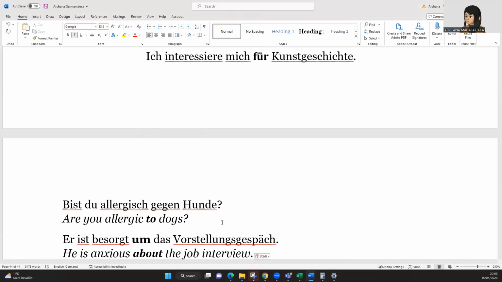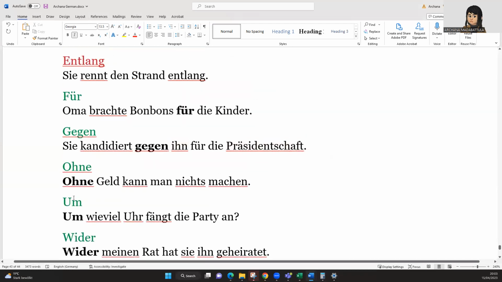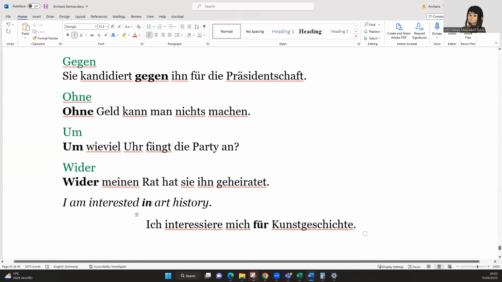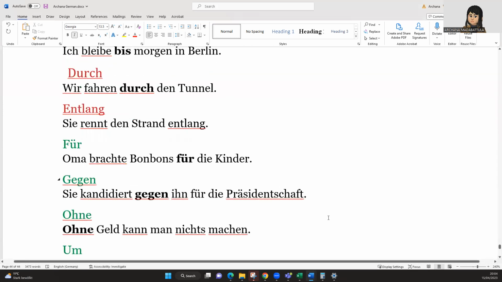Now, about what? About das Vorstellungsgespräch. As we spoke earlier, prepositions are something that connect two sentences. So this is about the prepositions in the accusative case.